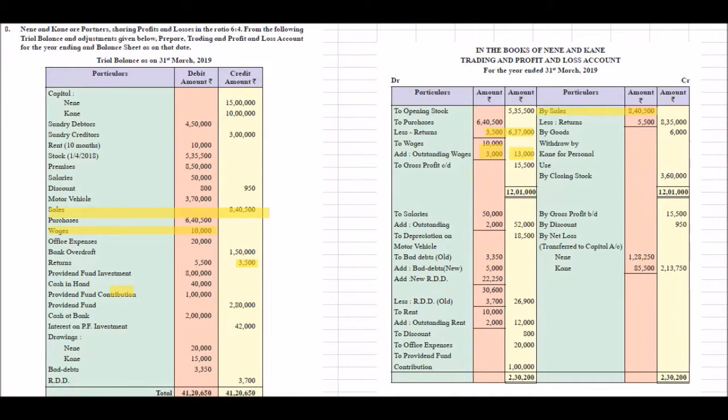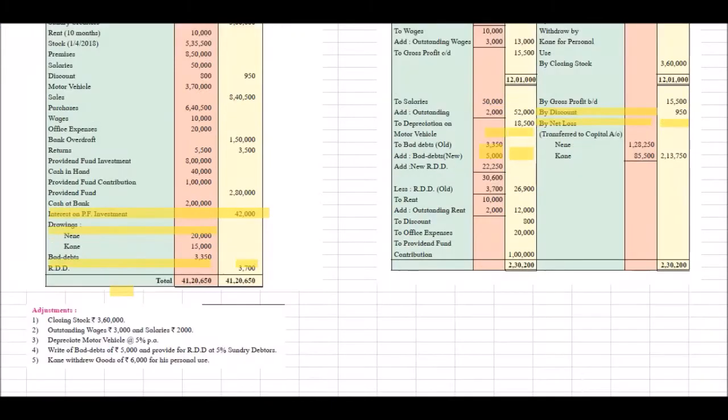Sales returns we need to take 5,500 rupees. So net sales becomes, after deducting, 8 lakh 40,500 rupees minus 5,500 rupees, 8 lakh 35,000 rupees as the net sales.